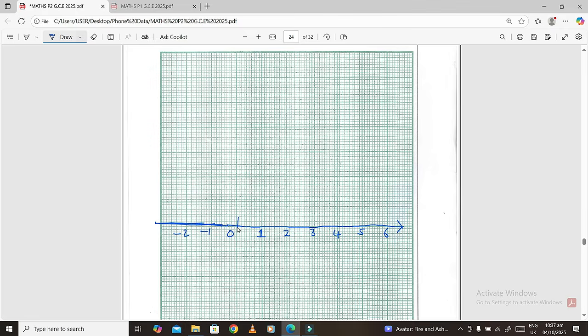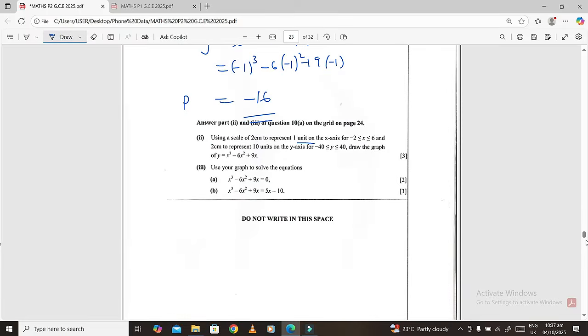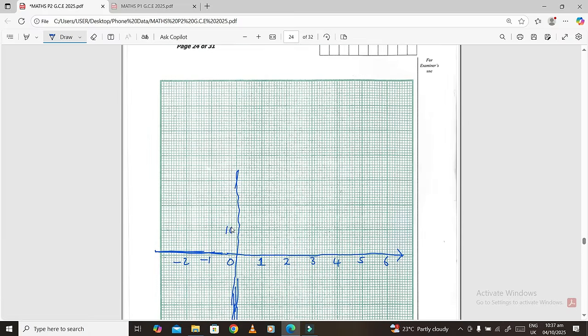And then here it's going like that, and down here like that. So remember, you need to use your ruler. Okay? So upwards, it's ending at 40, and we're moving in tens. So this is 10, 20, 30, and 40, like that.